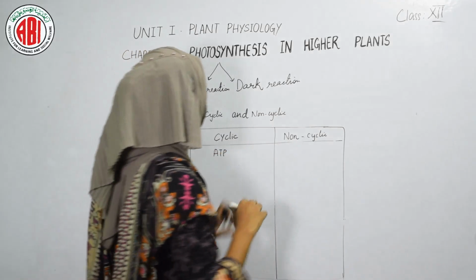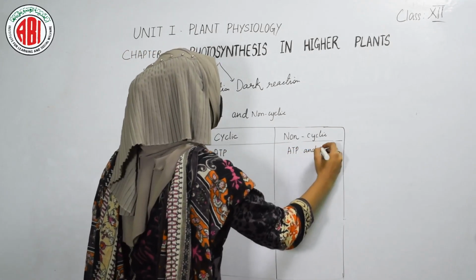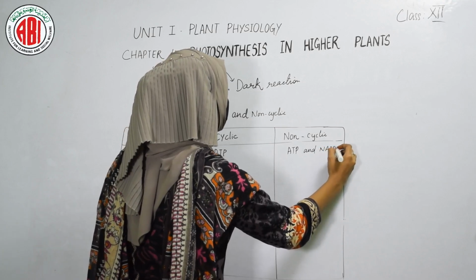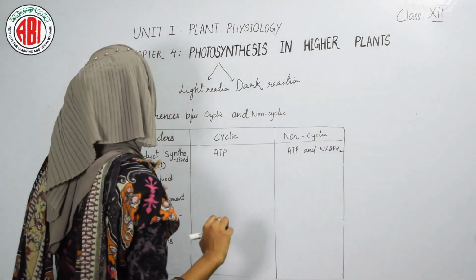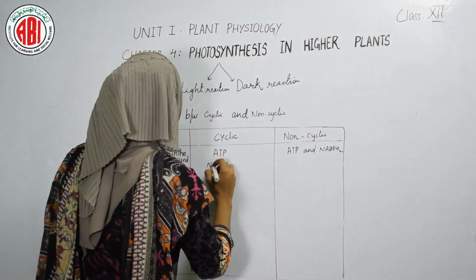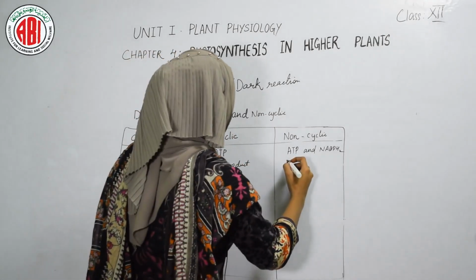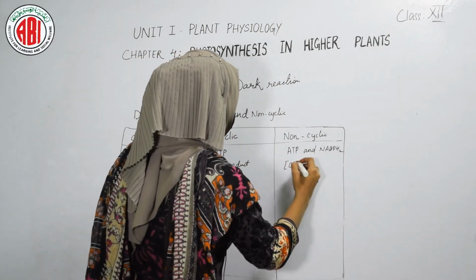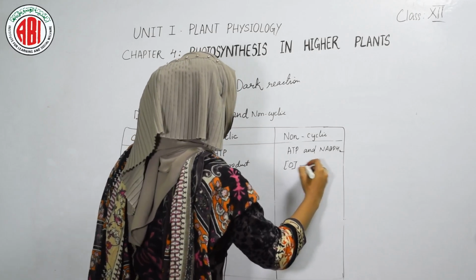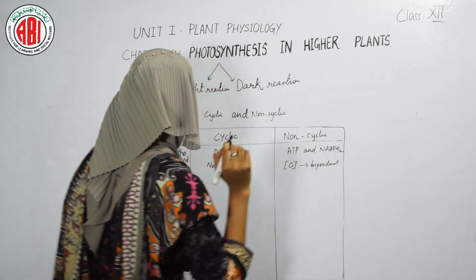Whereas in non-cyclic photophosphorylation, ATP is also synthesized, and along with the ATP, a reducing power is generated, named NADPH2. In cyclic photophosphorylation there is no byproduct formation, but in non-cyclic photophosphorylation, the byproduct, nascent oxygen, is released.